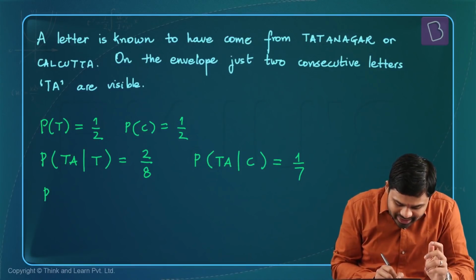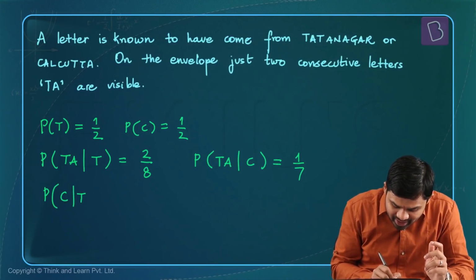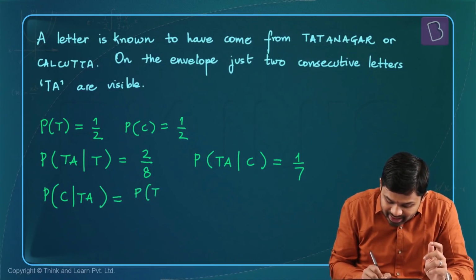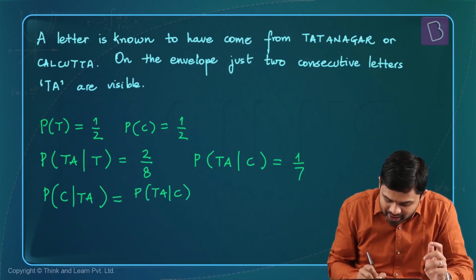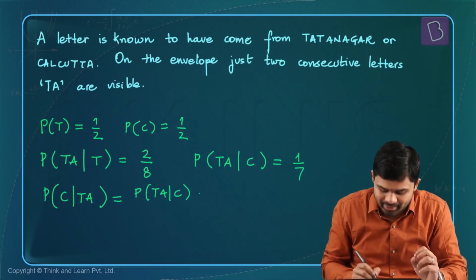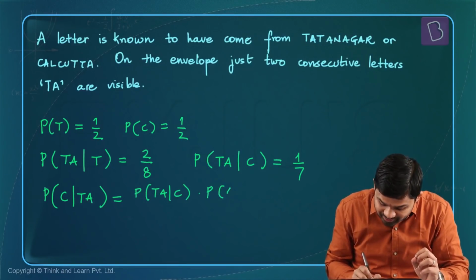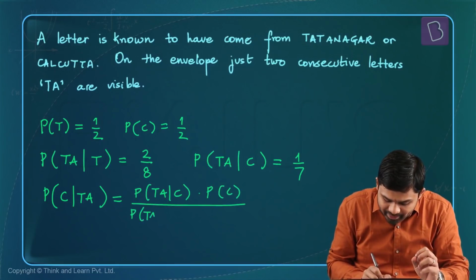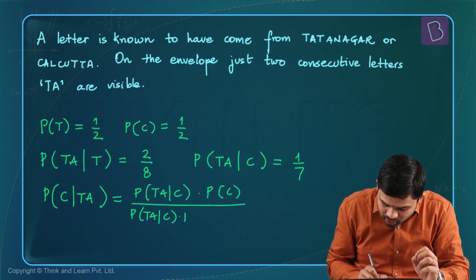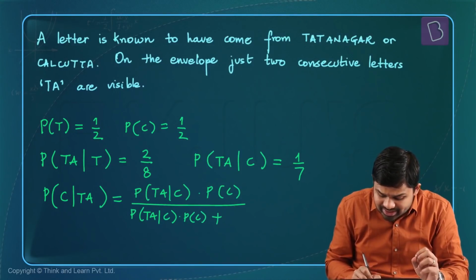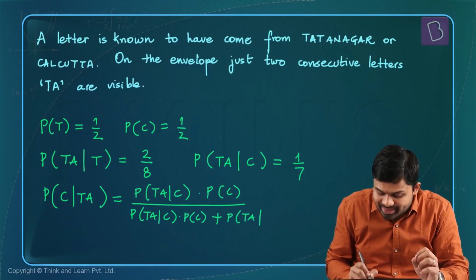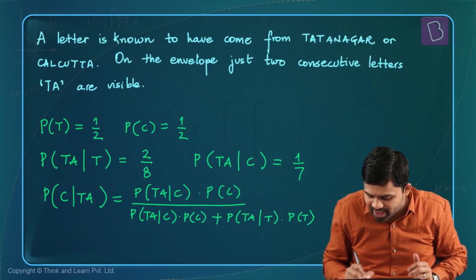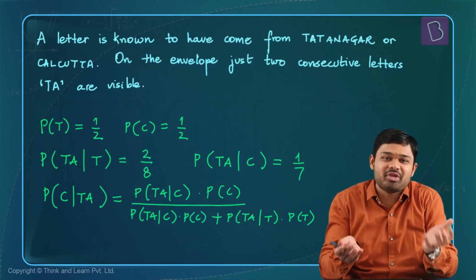So the probability the letter has come from Calcutta given TA appears will be nothing but the probability that TA appears given the letter has come from Calcutta multiplied by the probability that the letter has come from Calcutta, divided by the same thing, plus the probability that TA appears given the letter has come from Tatanagar into the probability of Tatanagar. Well, this was straightforward Bayes theorem.